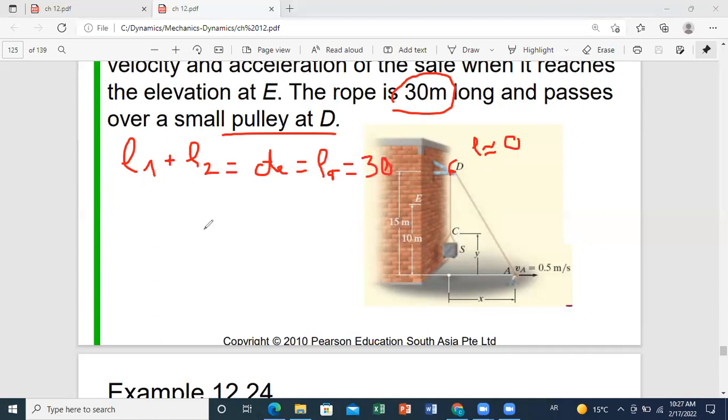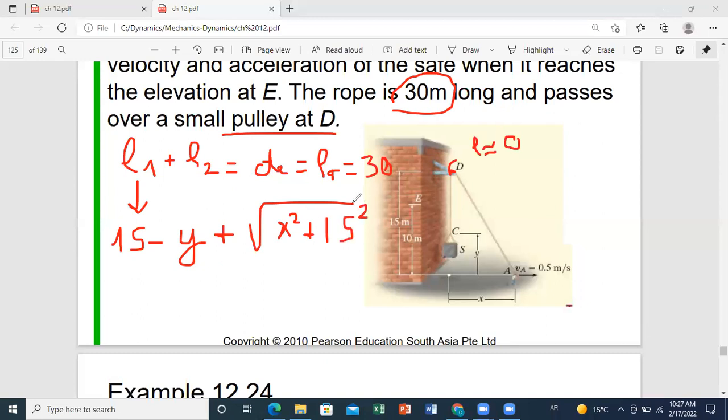Now, I will replace L1 and L2 by their values. L1 is 15 minus y. L2 is radical x squared plus 15 squared. And this is equal to 30. Now, in general, when we find the relation for the chord length, we derive, okay?